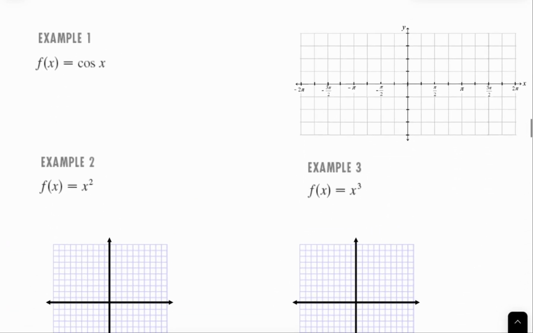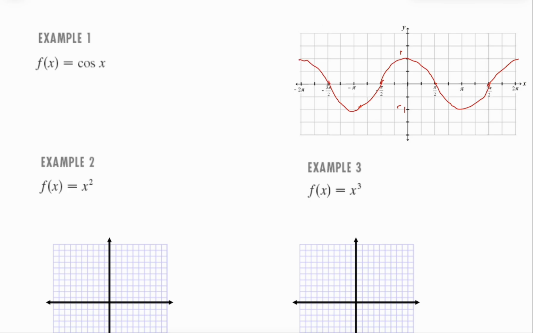So let's take a look at our graphs of these and let's see what we can see. Okay, so our cosine graph looks something like this. I'm going to call this 1 and a negative 1 and 1. So our cosine graph looks something like that.